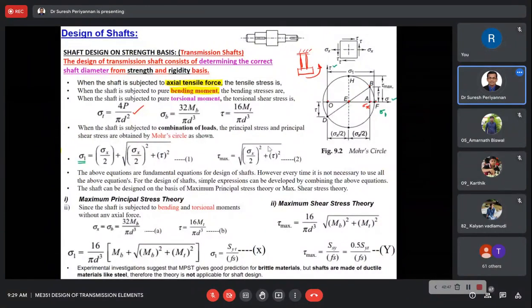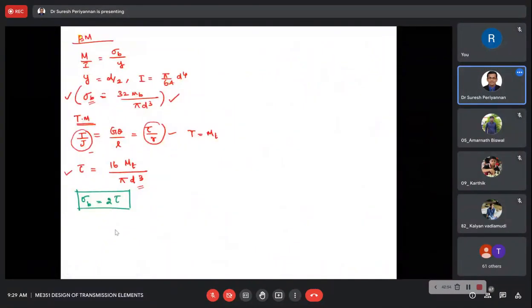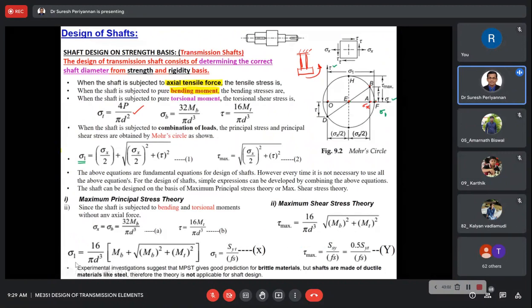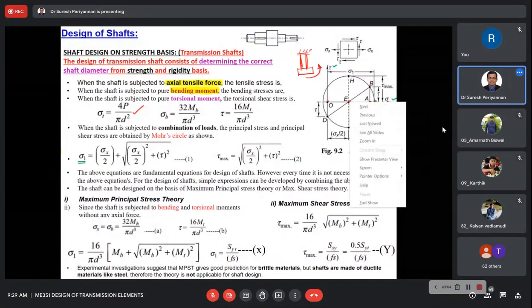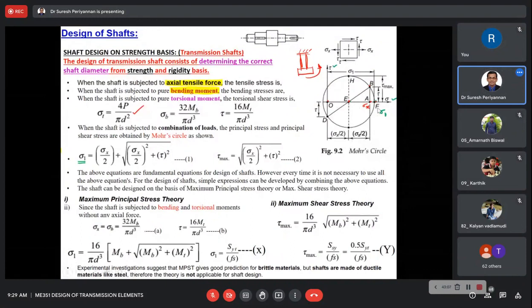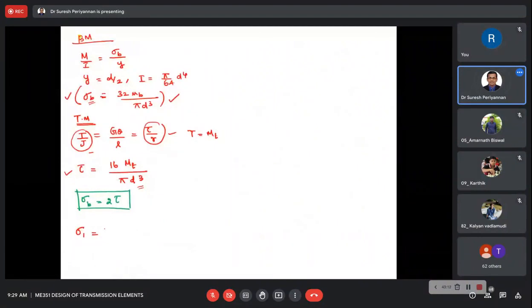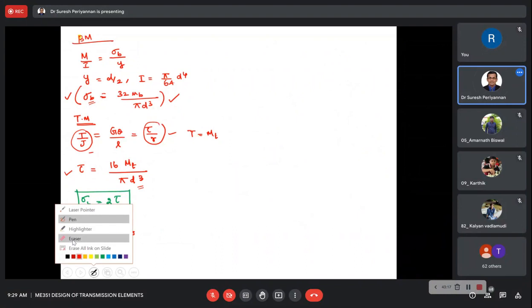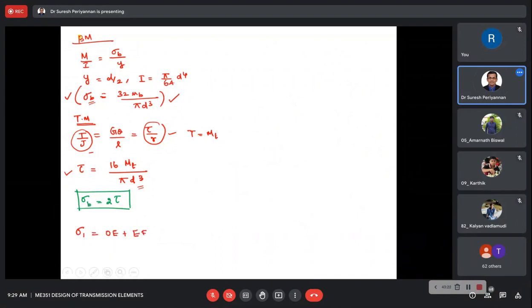Now, how can we define sigma 1? Sigma 1 is equal to OE plus EF.